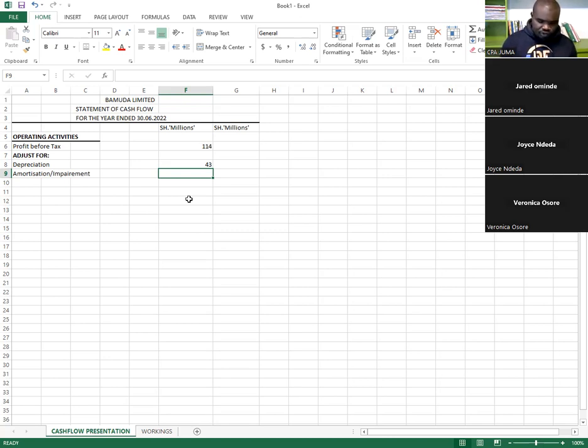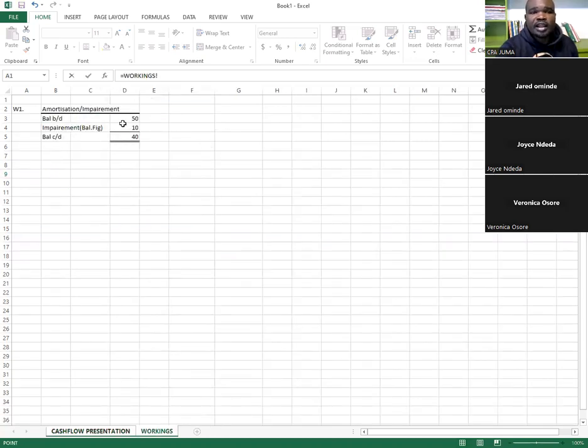So I always do interlinking this way. I will say is equals to, so I want to interlink that 10 with this worksheet. So I will say is equals to, then I go to the workings, then I click 10, because 10 is the one I want on the other side.